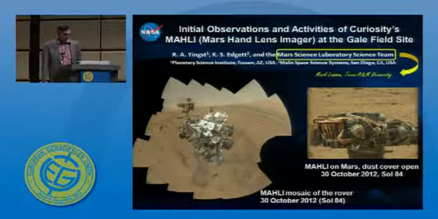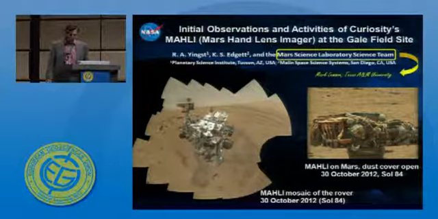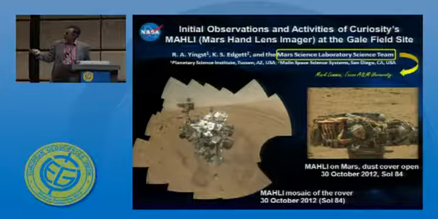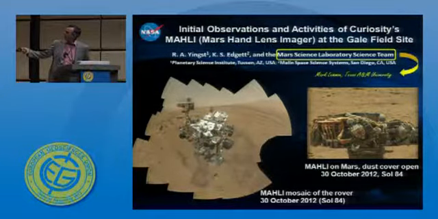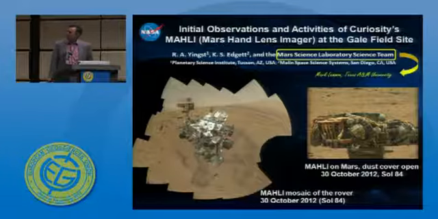MAHLI is on the turret at the end of the arm, front and center in this picture. The little pink area is reflecting from the bonding agent in the lens, so you see where MAHLI is there. The dust cover is open in this image, and you see a series of LEDs around MAHLI, and the rest of the turret instruments adorn the arm there.